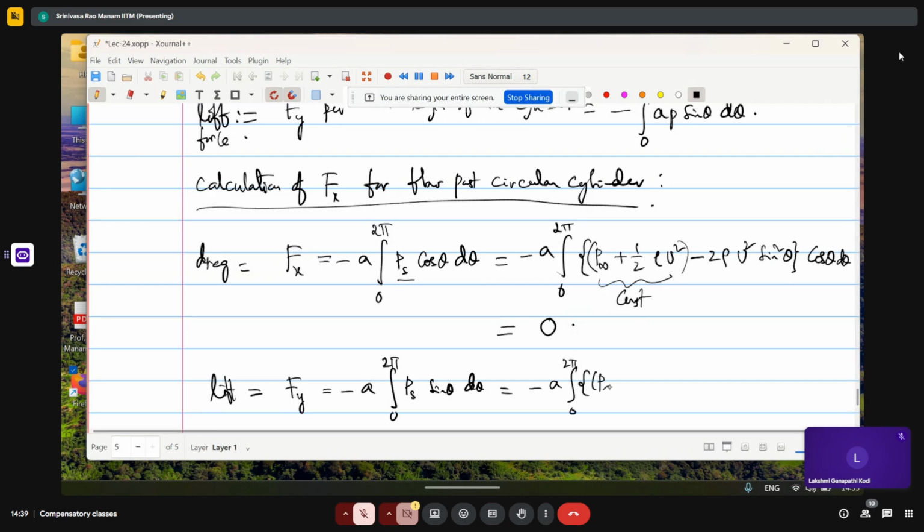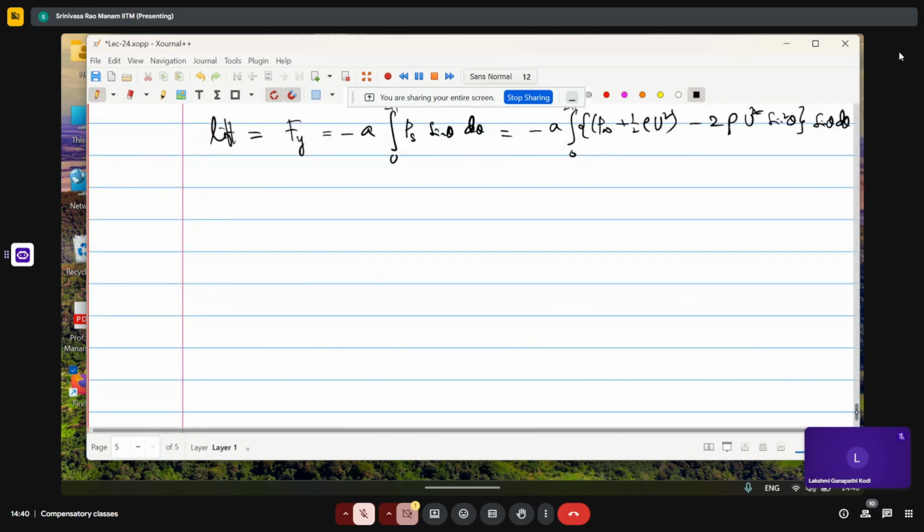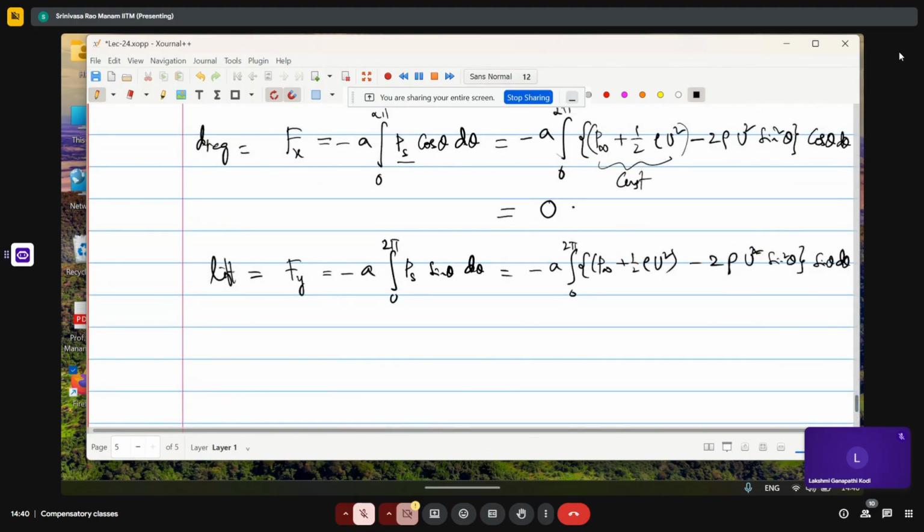So you have P infinity plus half rho u square minus 2 rho u square sin square theta, times sin theta d theta. Again, the constant times sin theta is 0. And what about sin cube theta? What is the integral of sin cube theta? That will also be 0.